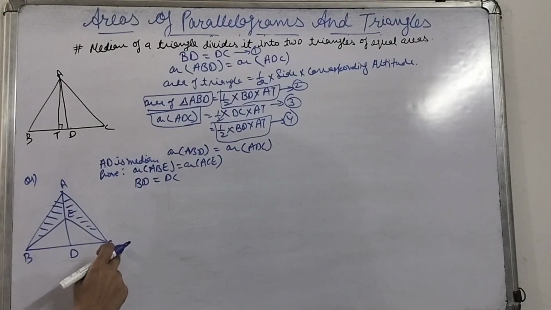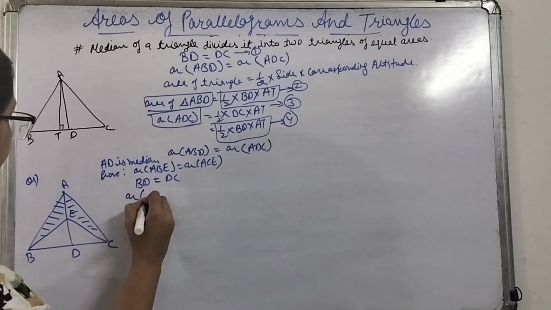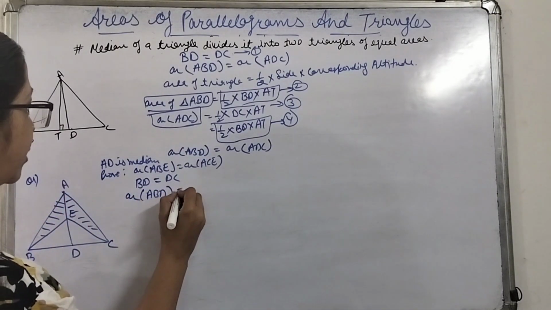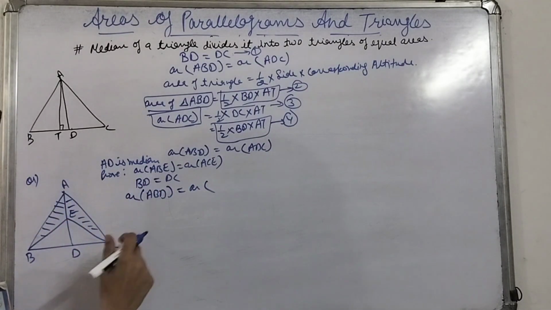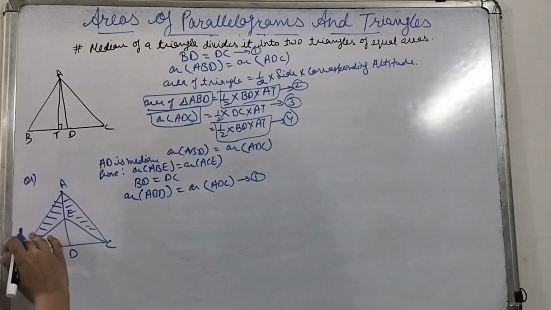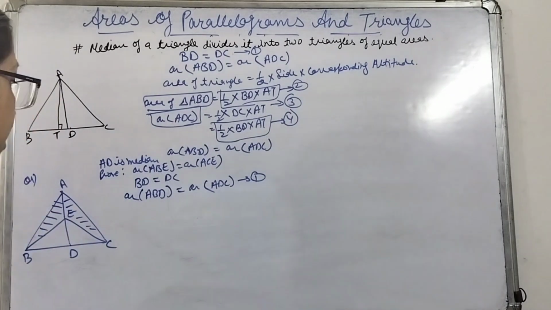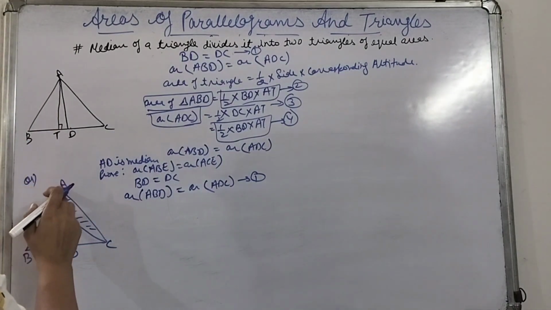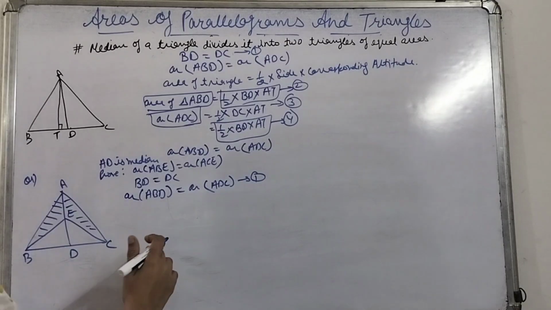In triangle ABC, AD is the median, so area of triangle ABD will be equivalent to area of triangle ADC.